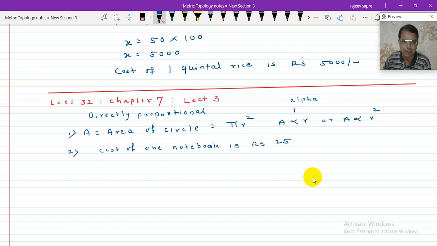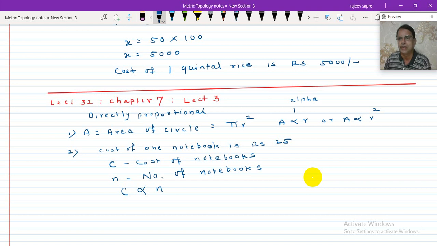Suppose C is the cost of notebooks, and say N is the number of notebooks. Now definitely we know that the total cost depends on N.